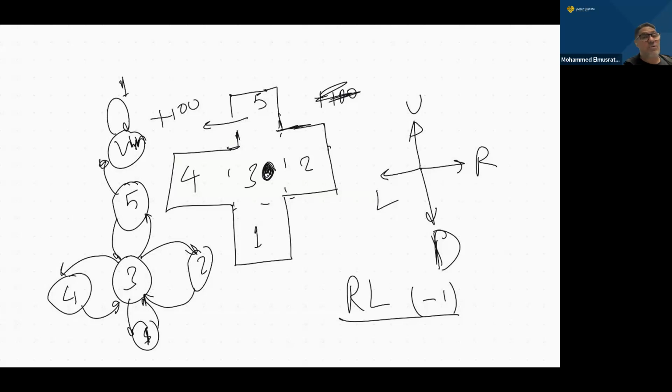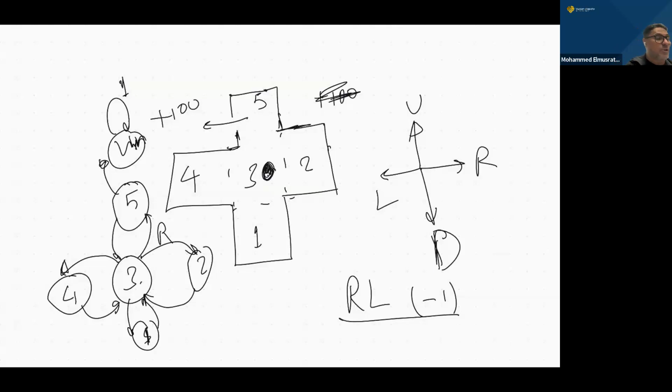Okay, so now if you deal with an observable Markovian environment, it means that your intelligent agent knows exactly in which state it is now. So this movement is not probabilistic. In the simplest case, we deal with a deterministic situation, where I am sure that if I tell my robot to go to the right, it goes to state 2.